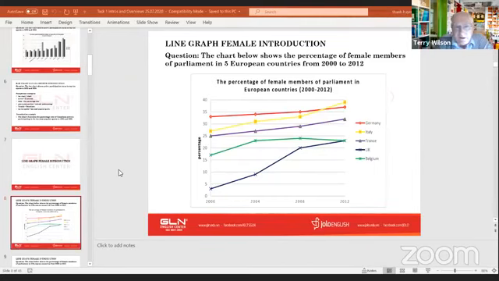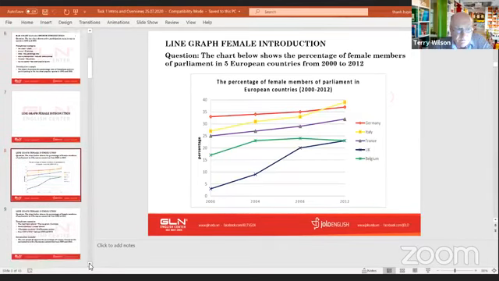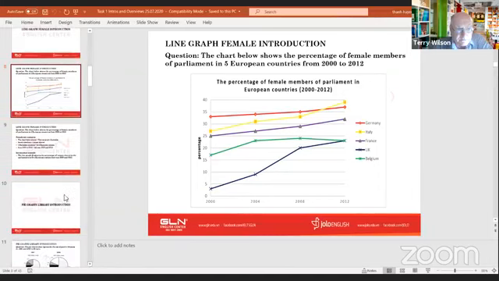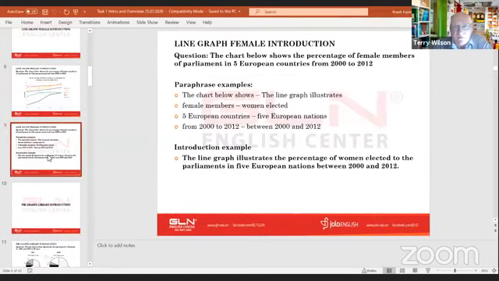So how can we paraphrase? So again, at the top of the screen, we have the question, and below it, some examples of what we can paraphrase. So the chart below shows we can change to the line graph illustrates.